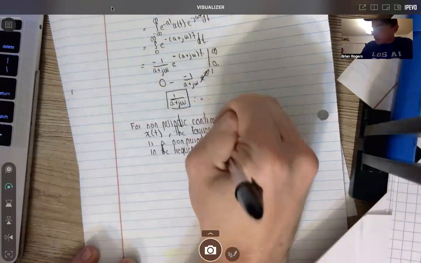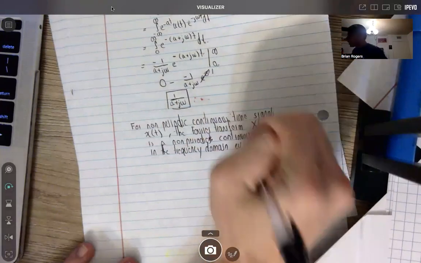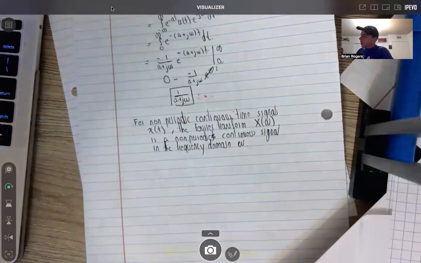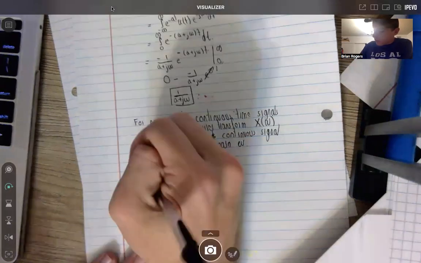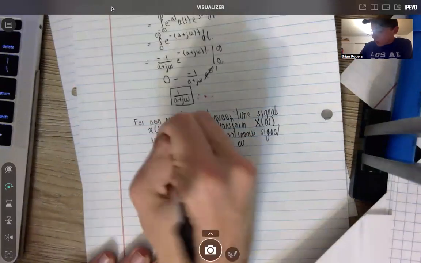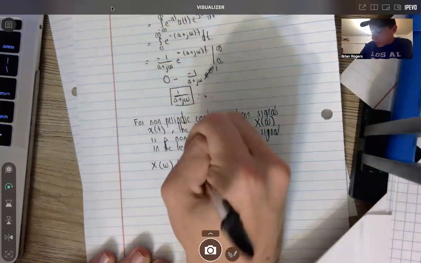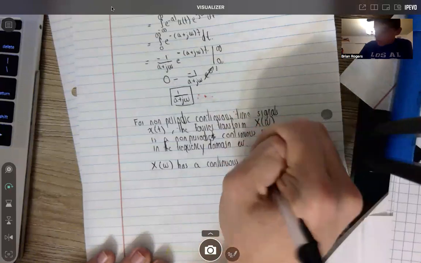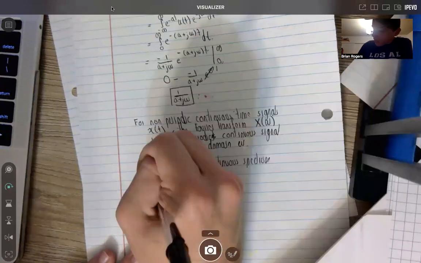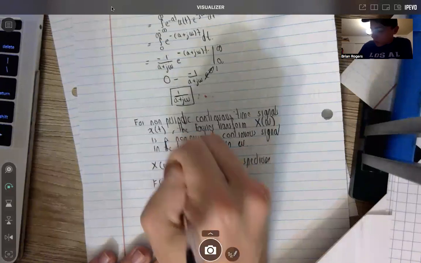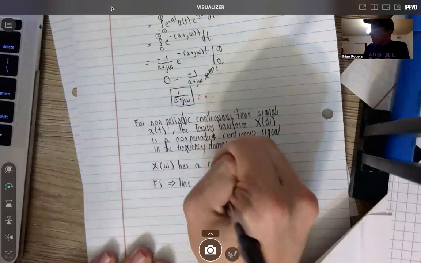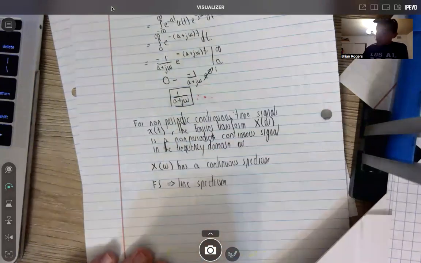And so that's omega. So what we're going to notice is that X of omega has a continuous spectrum, whereas when we did Fourier series, it had a line spectrum. It was discrete, remember? It only took on certain values. It wasn't continuous.